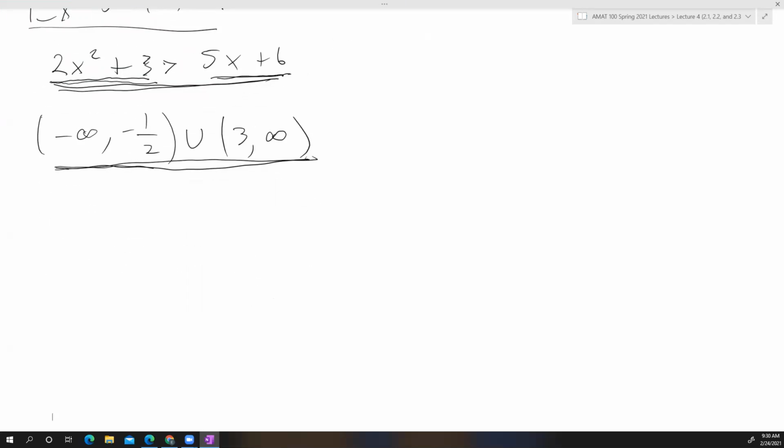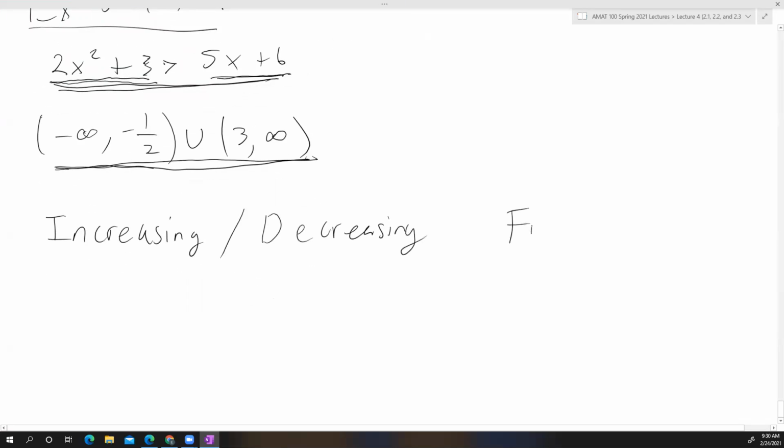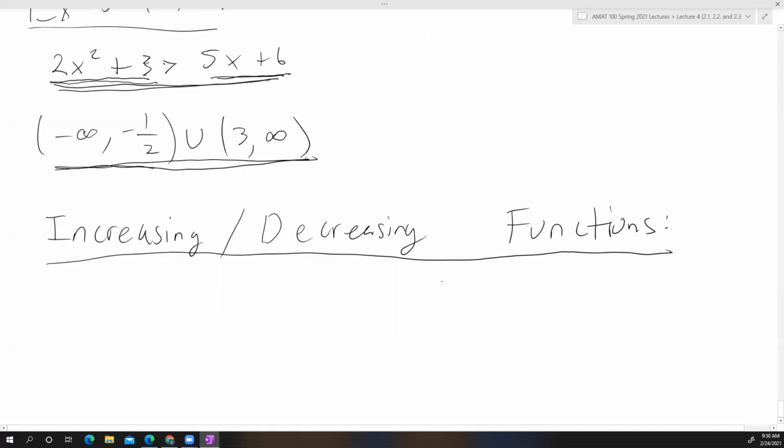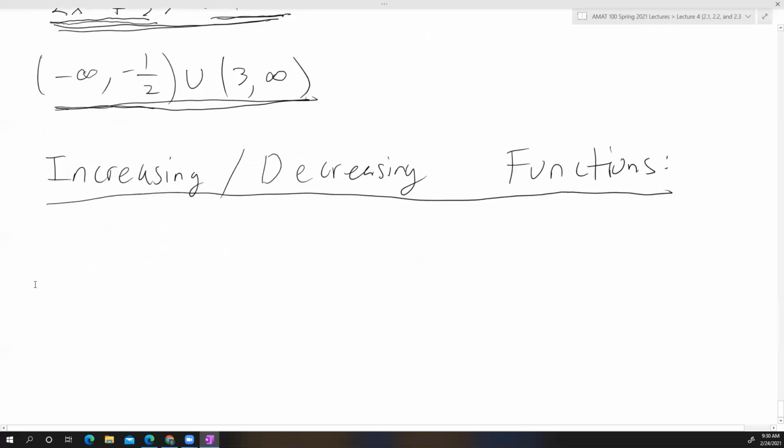So we're going to look at increasing and decreasing functions first. What does it mean for a function to increase or decrease? And how does this relate to inequalities and these geometric pictures that we've been looking at?